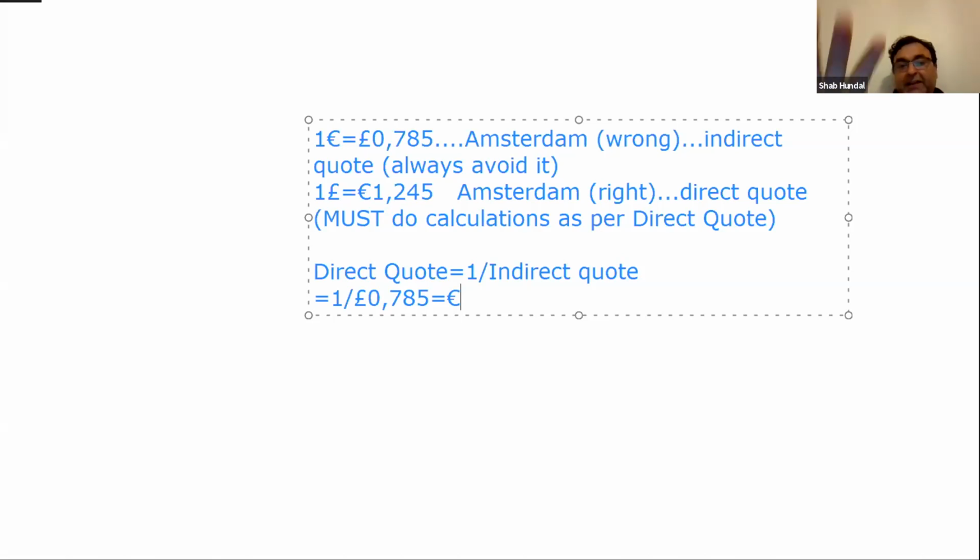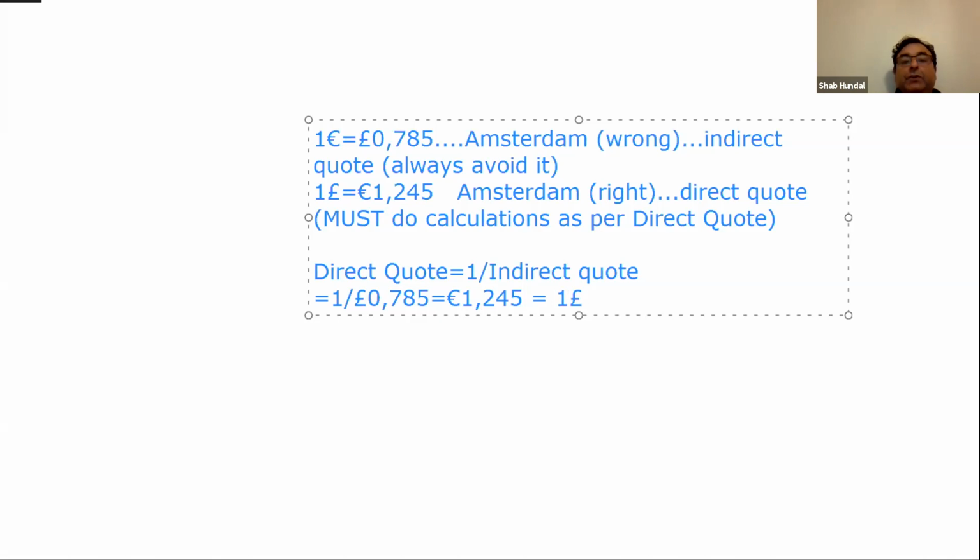I don't know if it's exactly equal, but because I just imagined, then it should be equal to 245 euros for 1 GBP. So it's not a problem.